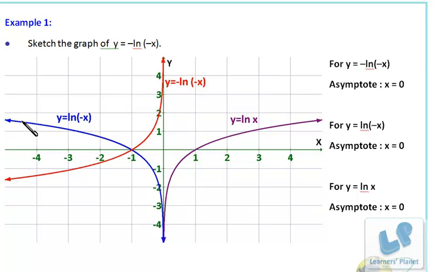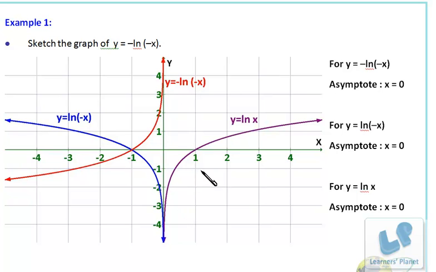You can see this graph, and if you turn it along this axis or twist it, you'll get this, right? Just one fold you have to give along this axis. So log x, log of minus x, and minus log of minus x, okay?